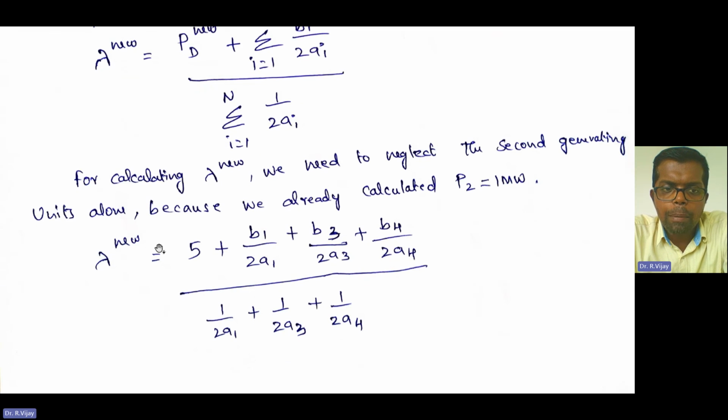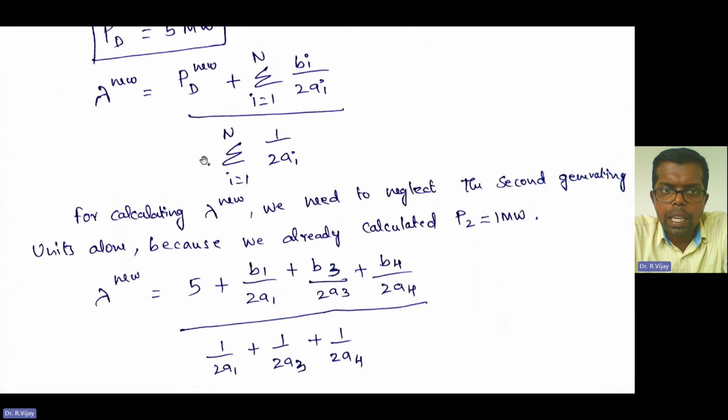So lambda new is equal to 5, that is PD new is 5 megawatt, plus B1 divided by 2A1 plus B3 divided by 2A3 plus B4 divided by 2A4, divided by 1 divided by 2A1 plus 1 divided by 2A3 plus 1 divided by 2A4. Here also we neglected the second generating unit because we already calculated P2 as 1 megawatt.